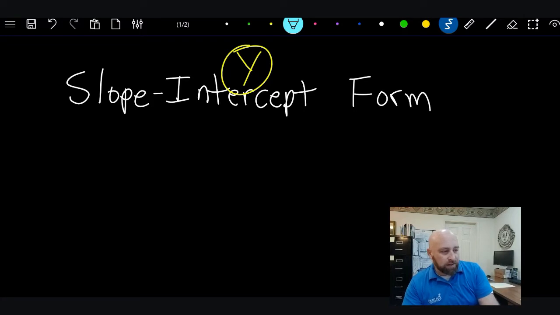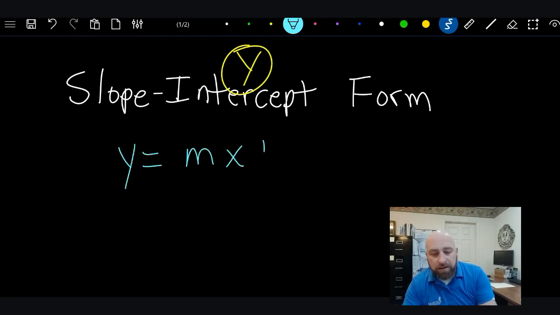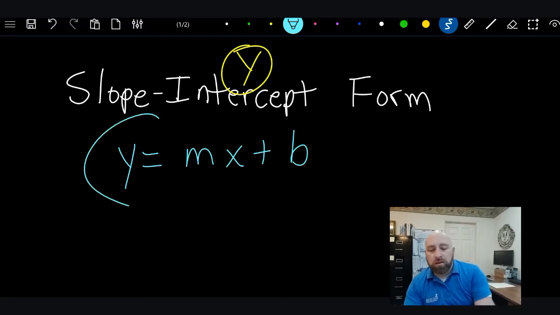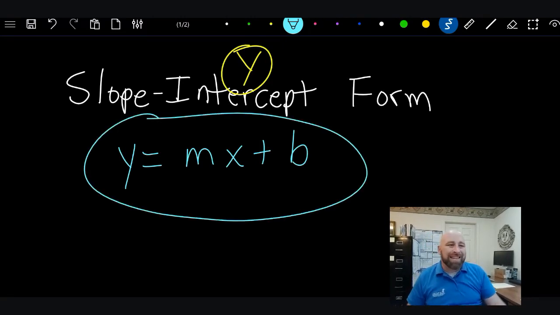We would write this, and again, it's right in your book on page 106. We would write the slope-intercept form: y equals mx plus b. Y equals mx plus b. That is slope-intercept. Now, it's important that you understand what these things are, okay?